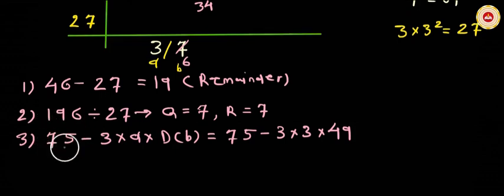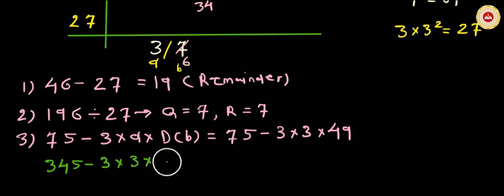Let us repeat this step. Let me change color now. Let me use green color. 345 minus 3 multiplied by A. What is A? 3. Multiplied by the duplex of B. What is B here? Now it is 6.